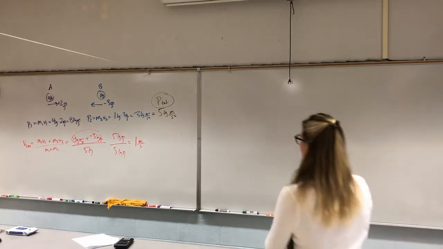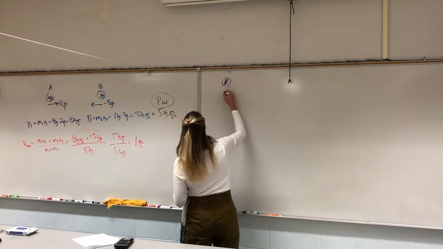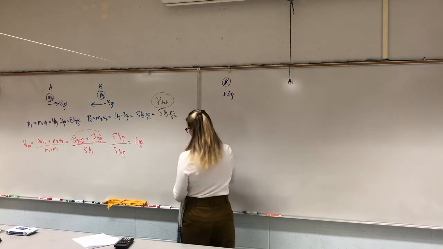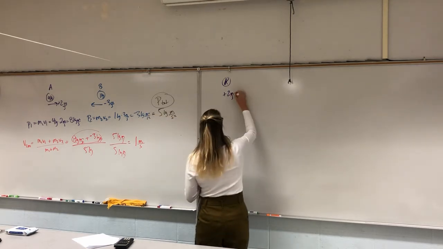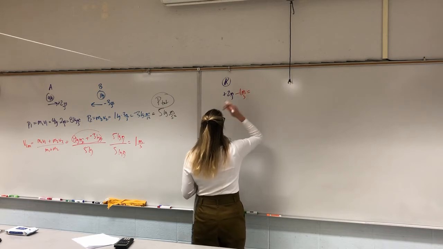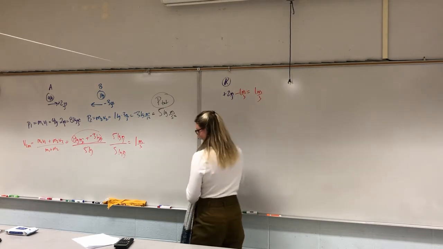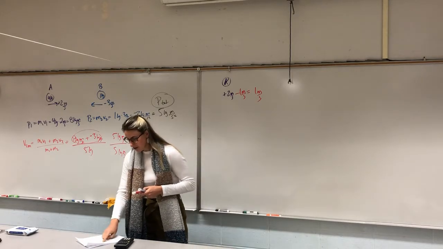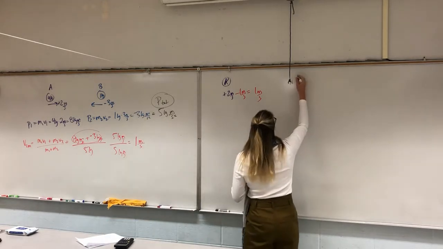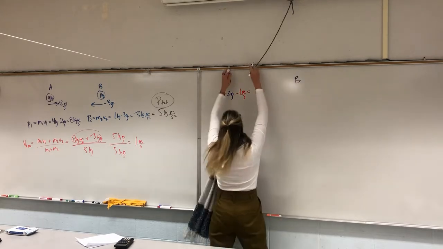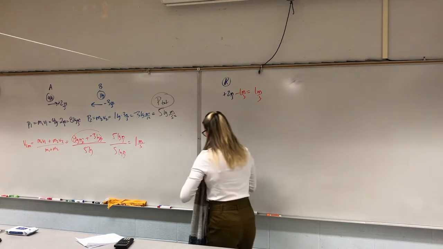So the velocity of ball A was a positive 2 meters per second, and we're going to subtract 1 from that. And we're going to get 2 minus 1, 1 meter per second. So we subtract the velocity of the center of mass from ball A, and we're going to do the same thing for ball B. And also, ball B is blue.